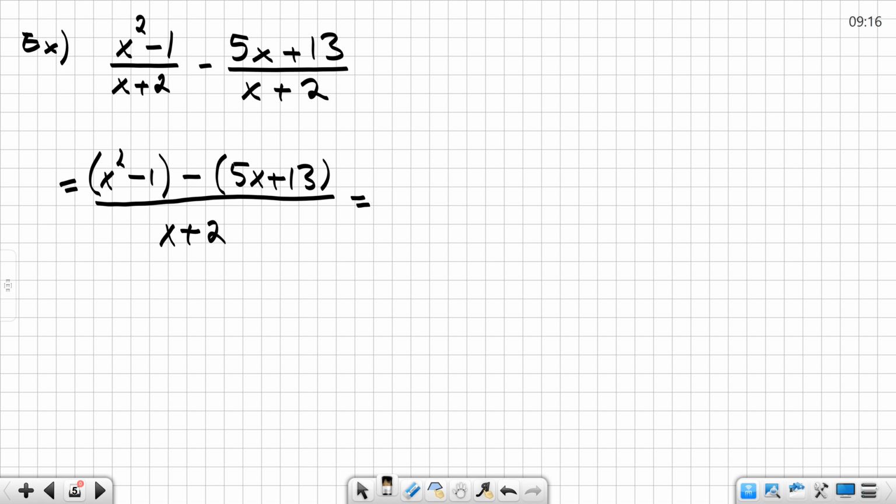Because if I now open up the parentheses in the numerator, then I will get x squared minus 1. Now this negative sign right here is being distributed into both terms, and the signs switch around on the inside. Both the 5x and the 13 become negative.